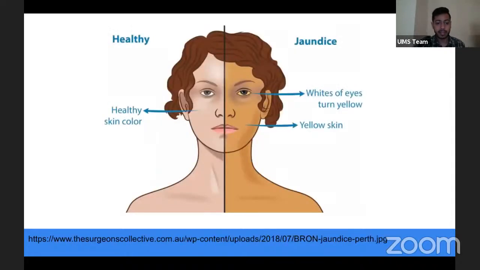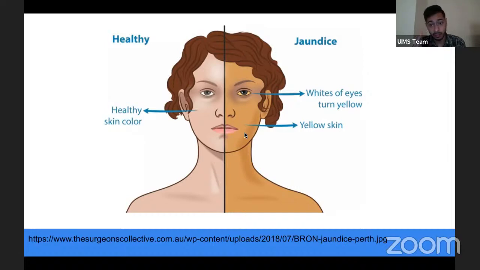The next thing is skin. As I mentioned, on the left side here, we can see that this is usually what healthy skin looks like. Perhaps this patient looks a little bit more pale. And on the right side, conversely, you could say it looks more tanned rather than jaundiced.